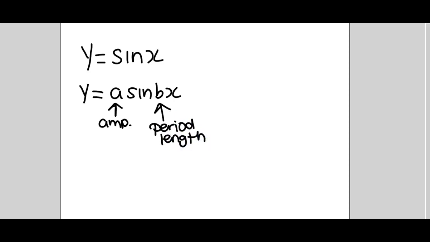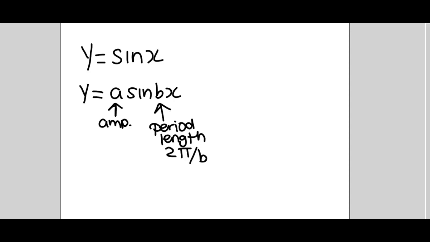So period length is 2 pi over whatever b is. In this situation, we don't have anything in front of sine, so it's assumed it's 1, and we don't have anything in front of the x, so you assume it's 1 also.